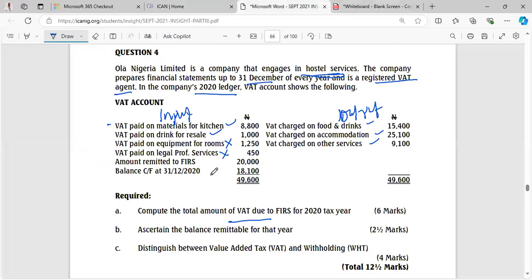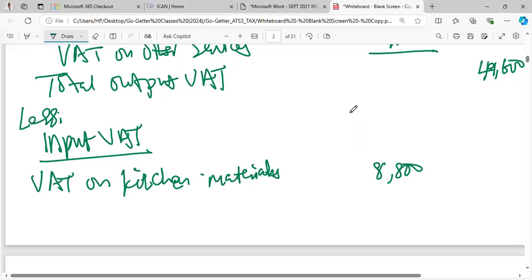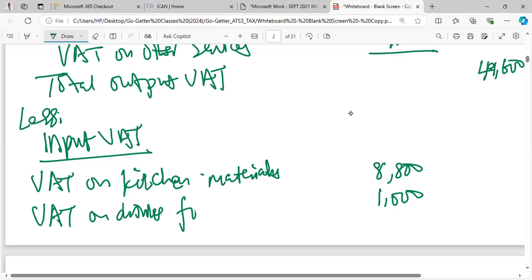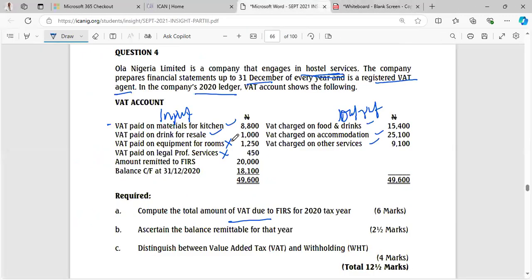And the next one is VAT on drinks for resale, 1,000. Is there any other VAT again?